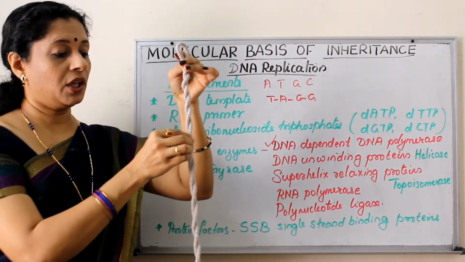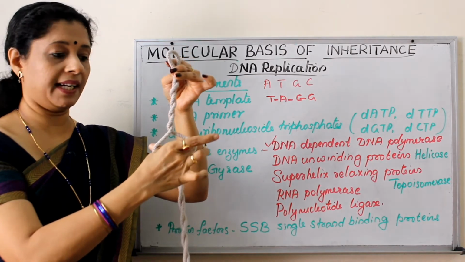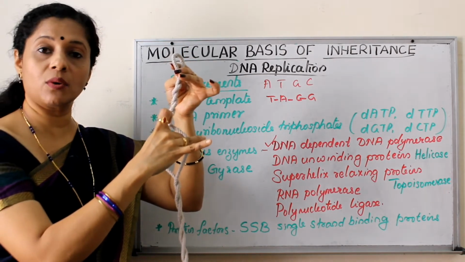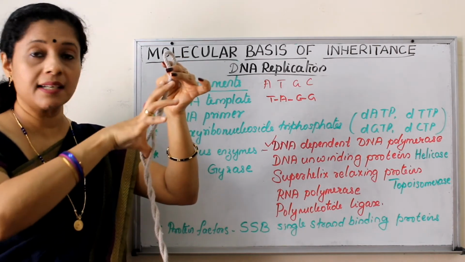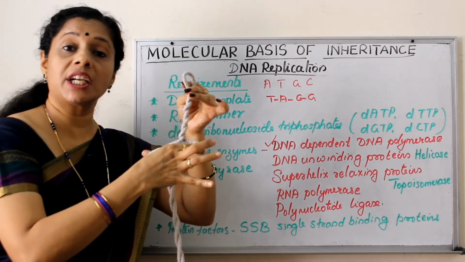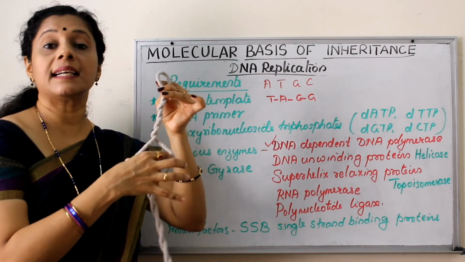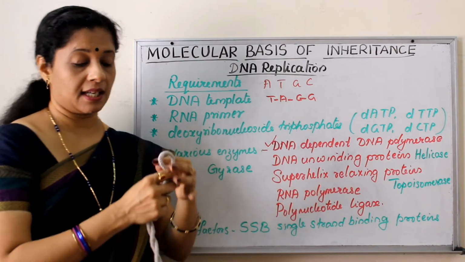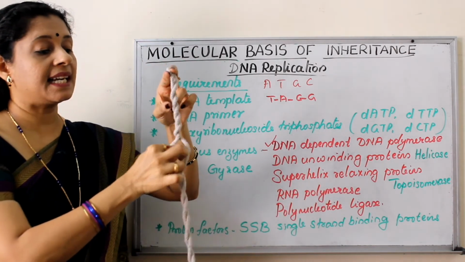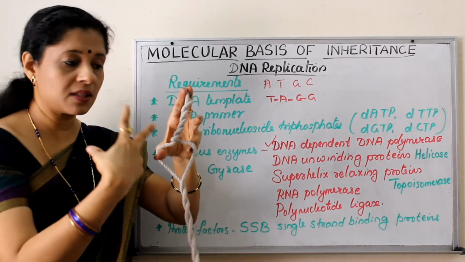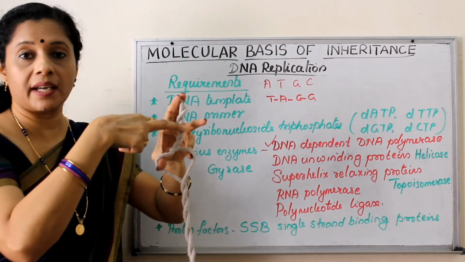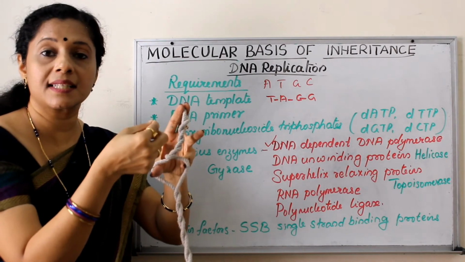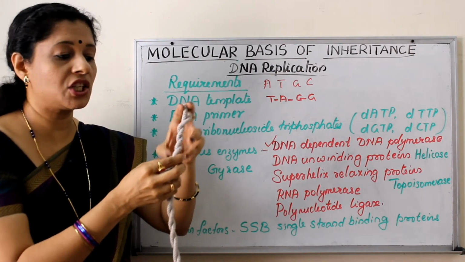So now we know that once this part is unwinding, there is a tension created here, or this part is undergoing supercoiling, both the sides, right? Supercoiling. So that tension has to be released. For that, there is another enzyme in eukaryotes called a topoisomerase. So what does it do? It has the ability to make a nick. Nick means what? Cut. It will cut this strand, okay, then unwind it and then join using another enzyme called a ligase, so that tension is released.